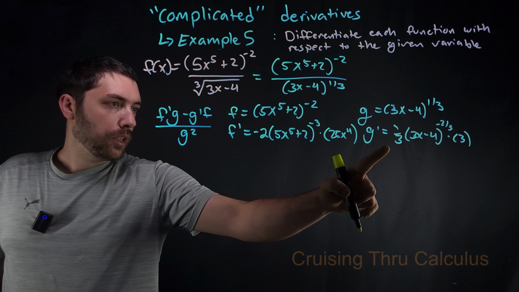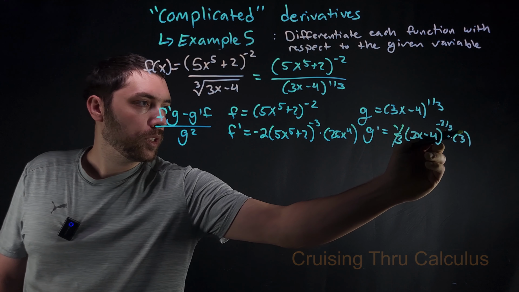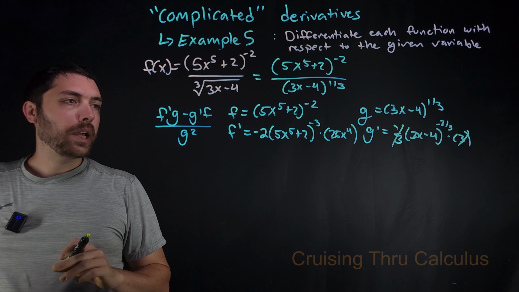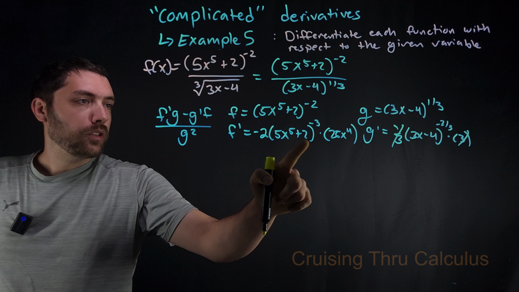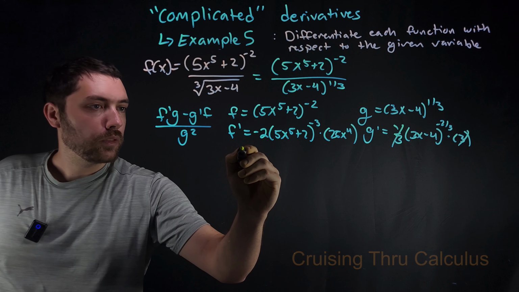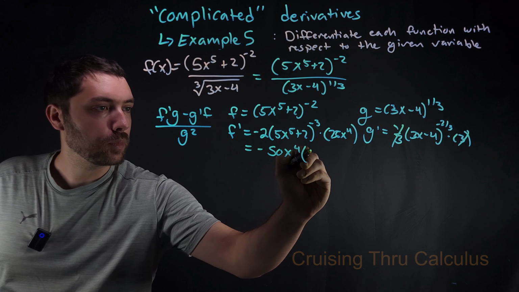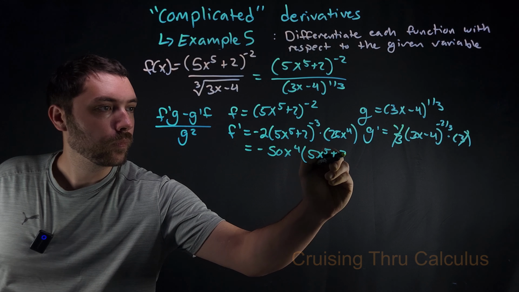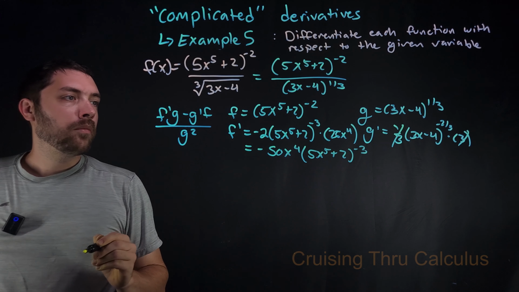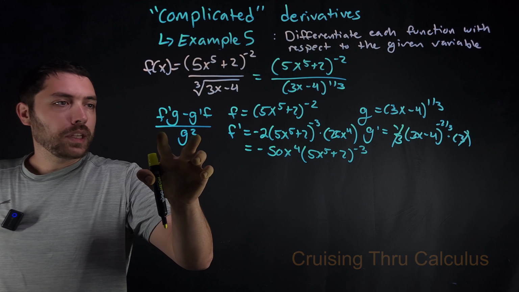Now I also notice over here we have a 1/3 and a 3. So 1/3 times 3 is 1, which means those two will go away. Here we have a negative 2 times 25, so that'll be negative 50 x to the 4th times this piece here. All right, now I think it's time to plug everything into our formula.